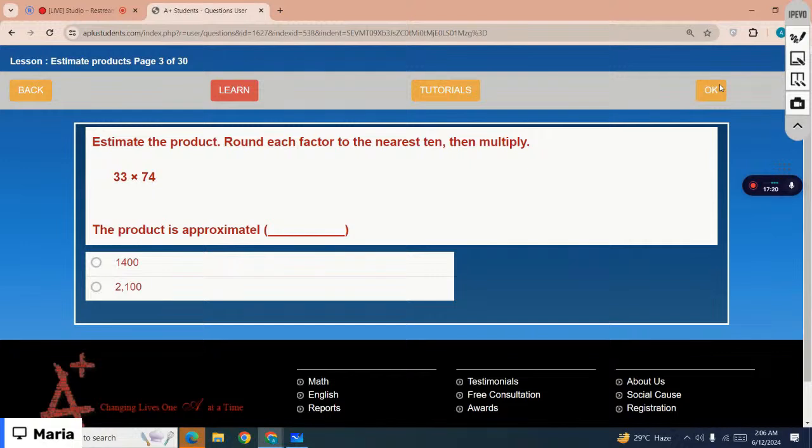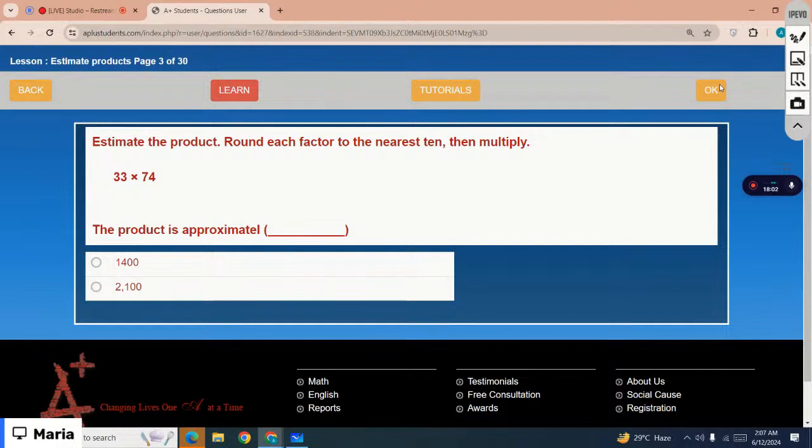Estimate the product 33 times 74. So which is the correct option? Thirty-three is rounded off to 30 and 74 is rounded off to 70.